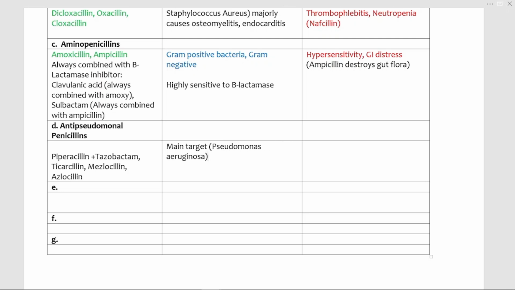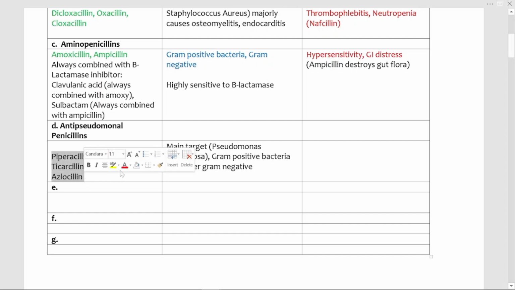This is the major target when it comes to using anti-pseudomonal penicillins. But it's also effective against gram-positive bacteria and other gram-negative bacteria. So that's all when it comes to anti-pseudomonal penicillins.